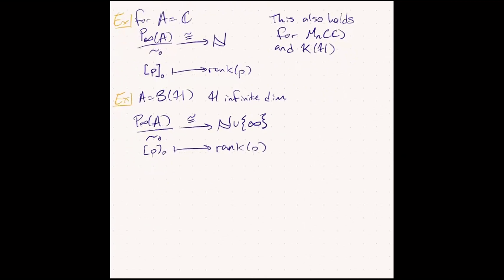But now we're basically in exactly the spot we need to be to define the K0 group. We define K0 of A to be what I'm going to denote by GR of our semigroup P infinity mod tilde 0. What I'm trying to say here is we're going to do something called the group completion, or building the Grothendieck group.